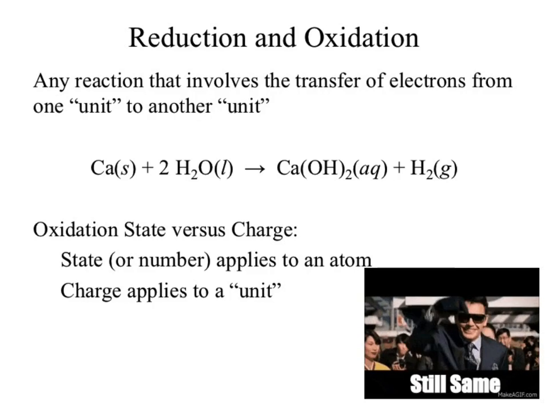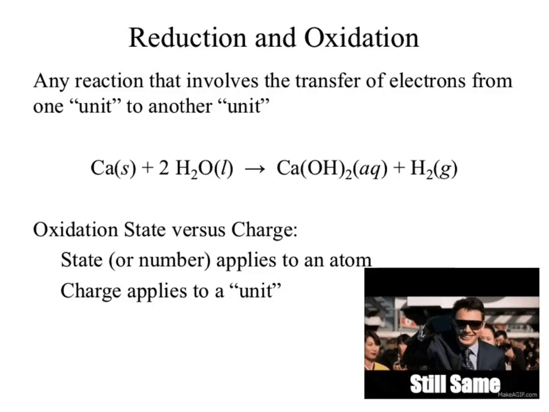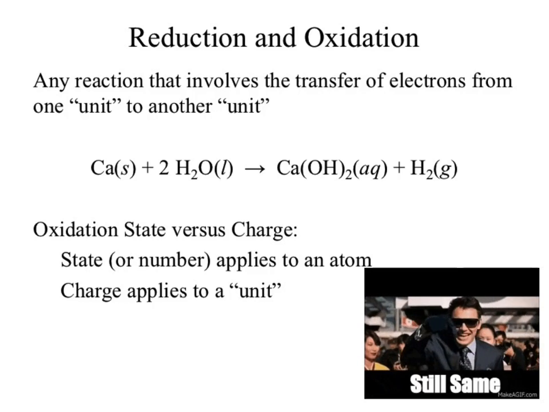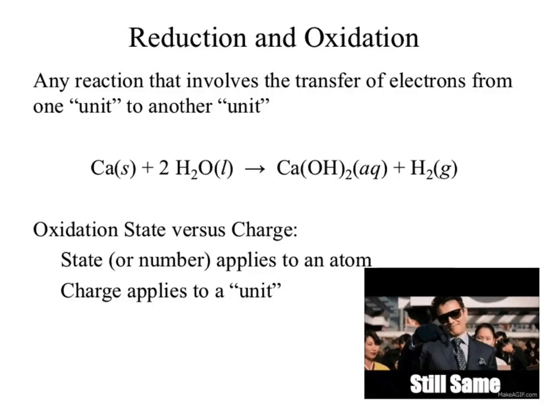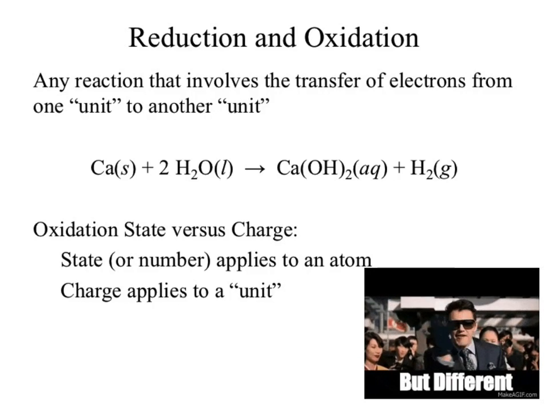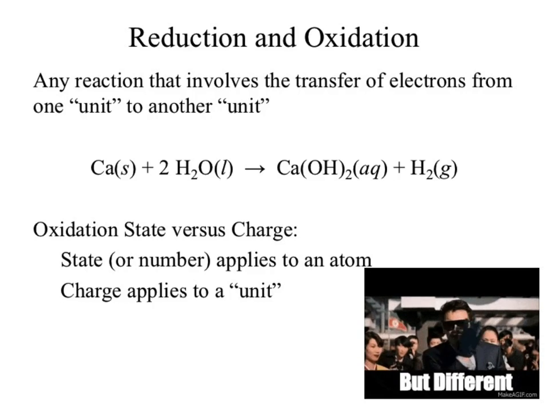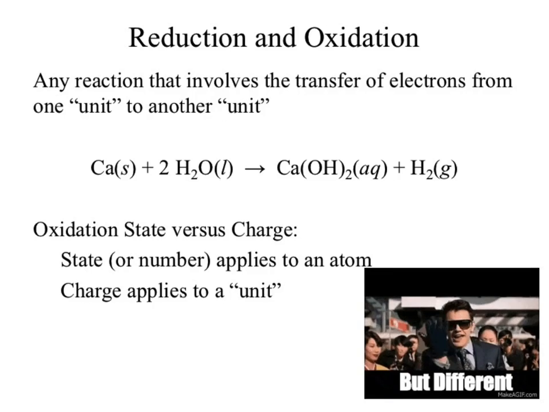Both of them are saying electrons and protons. So they're both the same thing, and yet we use them in inherently different processes. Okay? So it is very easy to get them confused. What we have to do is make sure that we separate that out. Okay? When we're looking at our reduction and oxidation reactions, what we are looking at is not the charge, but the oxidation state.